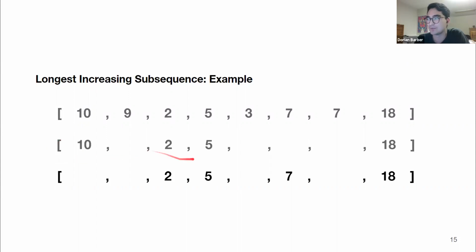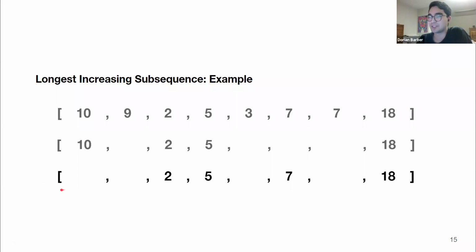So we have 10, 2, 5, and 18, all elements of the original array, and they're all in the same order, the original order, 10, 2, 5, 18. And then the last example I have here is an increasing subsequence. So it goes 2, 5, 7, 18. And note that I did not include another 7 here since that would make it non-decreasing, but we want an increasing one.